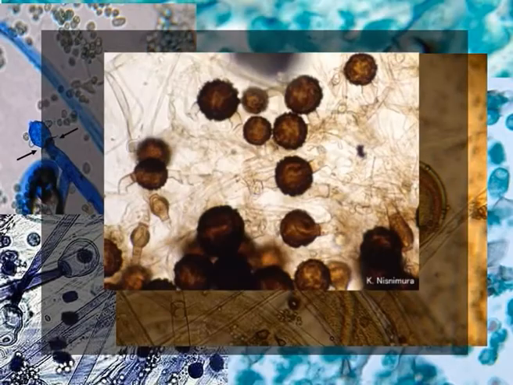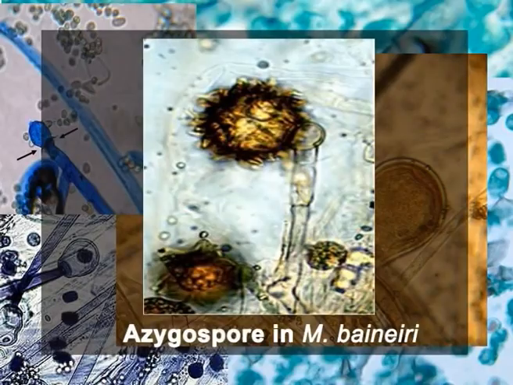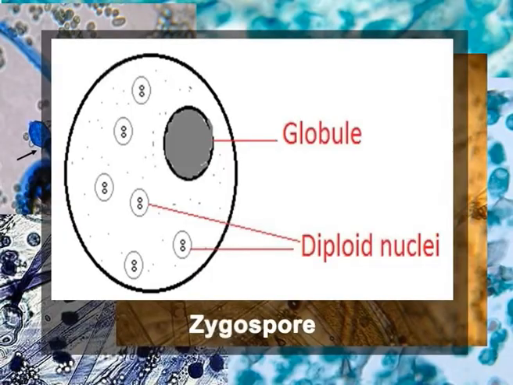The plasmogamy and karyogamy within the zygosporangium give rise to a resting spore called zygospore. However, in certain conditions, zygospores may also be formed parthenogenetically and are called azygospores. The zygospore is hyaline and characteristically has a single eccentric globule and many diploid nuclei.